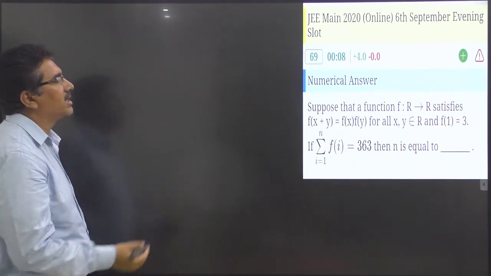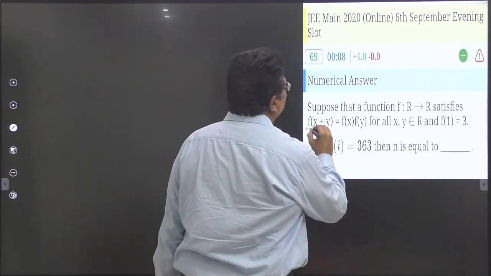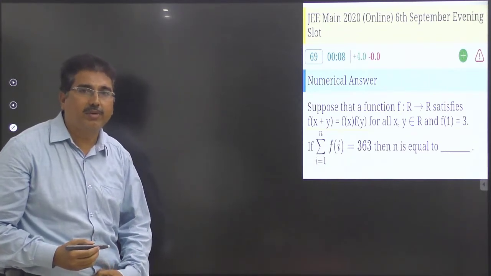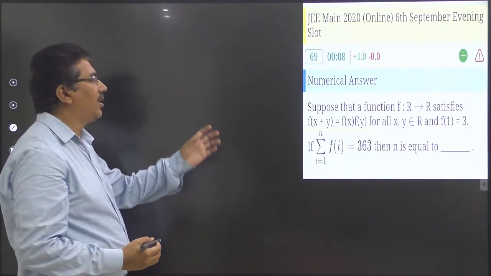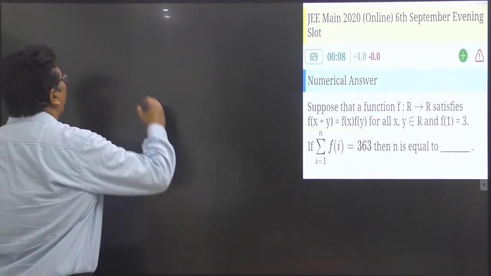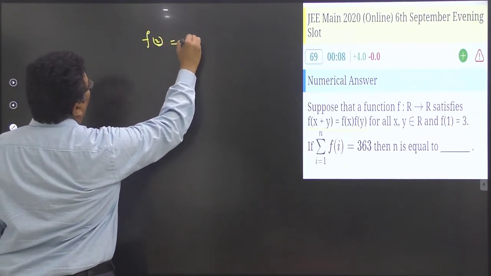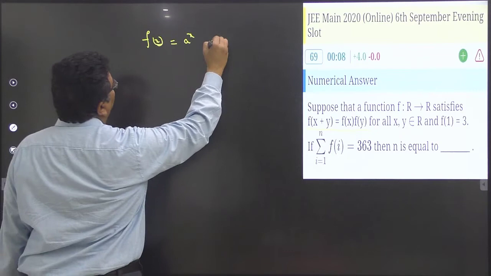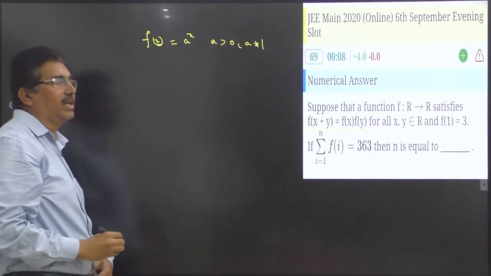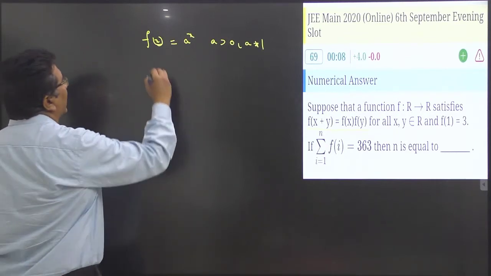Suppose that a function f mapping from R to R satisfies the condition f(x + y) = f(x)·f(y). The function satisfying this condition is of the form f(x) = a^x, where a > 0 and a is not 1. And f(1) = 3.